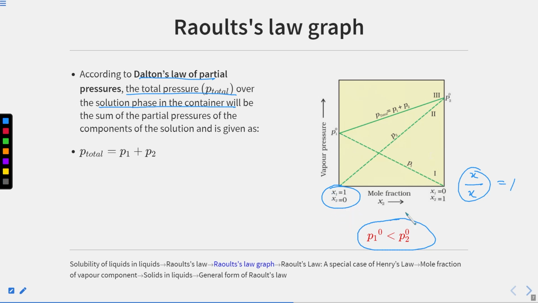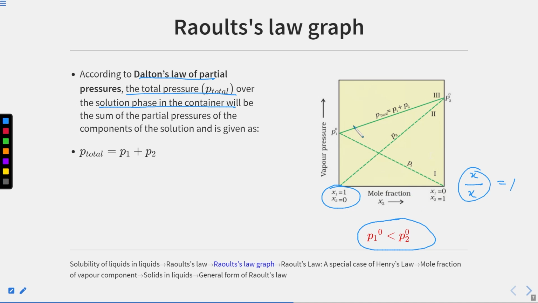Now, as we are introducing this x2, which has a greater partial pressure, our graph will start to rise, right? We are introducing component 2 and removing component 1. So as we do this, the mole fraction of 2 will increase and the mole fraction of 1 will decrease, right?